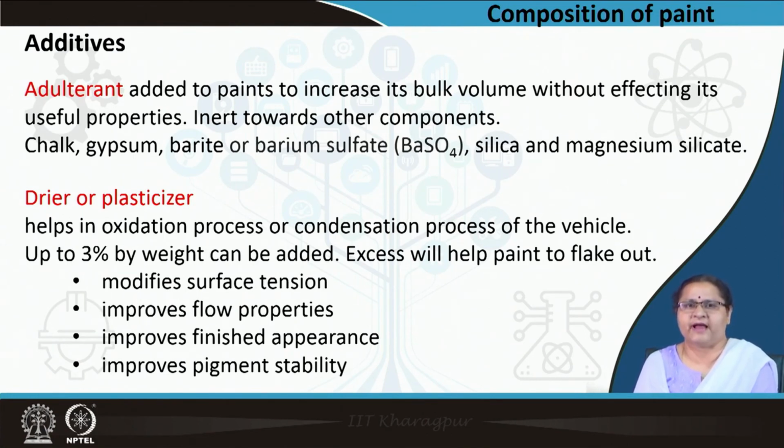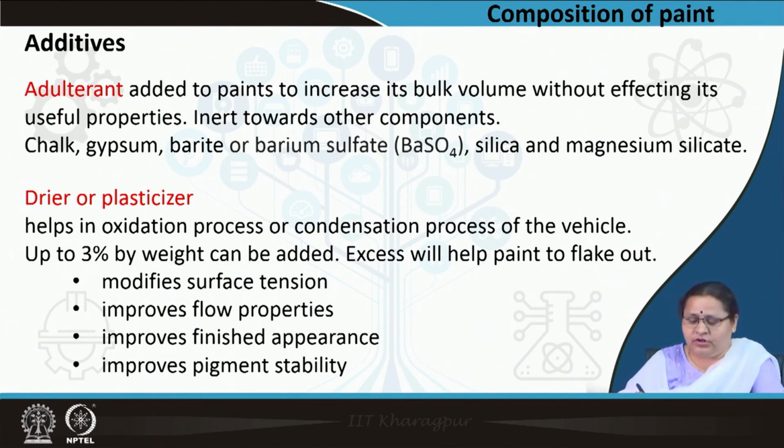Here also, if you add plasticizers more in amount, it will flake out. So, plasticizers are added to modify surface tension, to improve some flow property, to improve the finish appearance or give the stability. So, these four items, basically the base, the vehicle, the adulterants and the dryers, together form the paint.